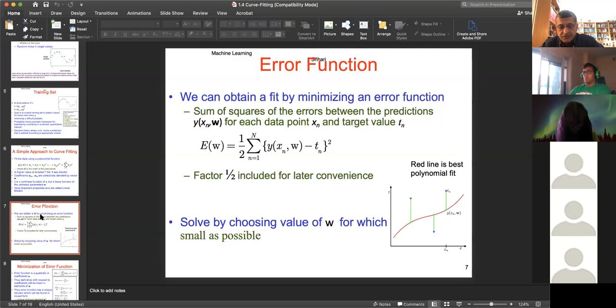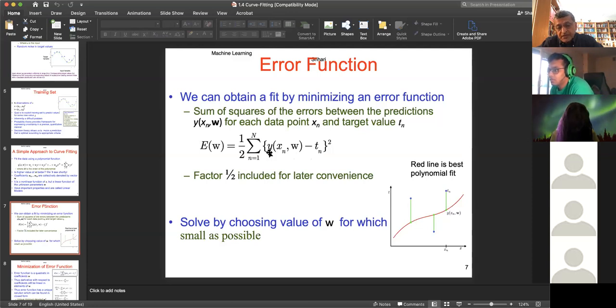So we say, how much off are you? The target has a certain value Tn for each value of Xn. And we say the model is Y. We call this a model because it is the predictor. It's a function of Xn, the input, and also a function of the current set of weights, W.